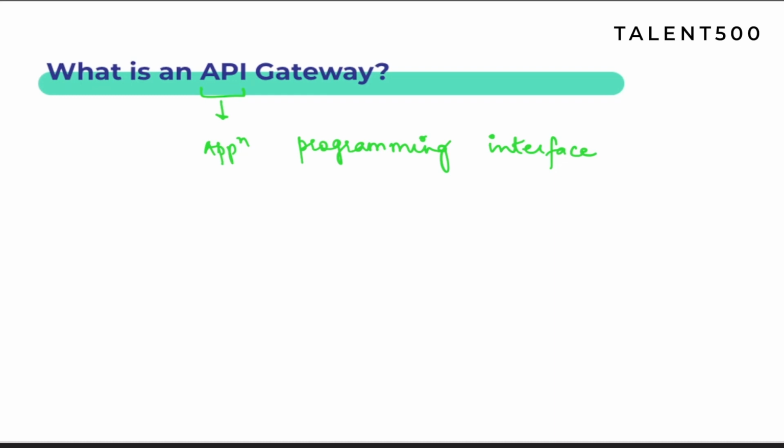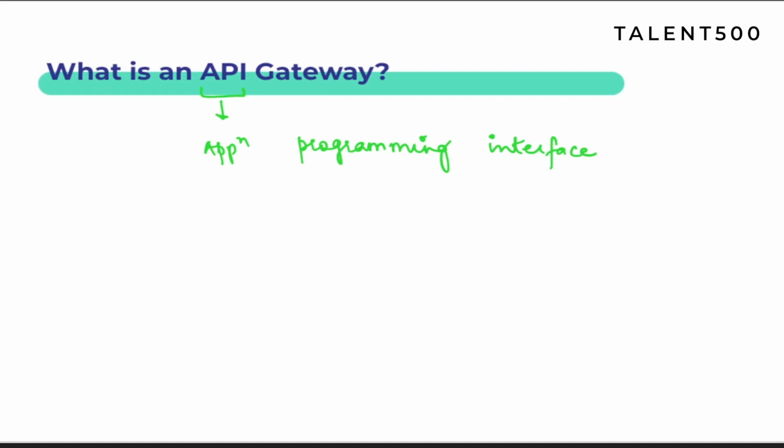Now when you talk about API gateway, what is this one going to do? You are going to be having multiple APIs. Now, sometimes we have a need that if you have multiple APIs, we want all of them to act as a single gateway. And why is that required?